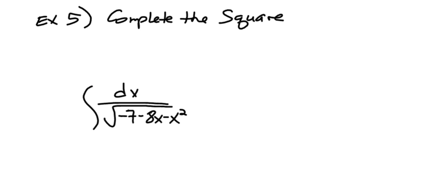Then I have one where we're going to have to complete the square. If we were given something like this that was not a perfect square trinomial, we would have to complete the square by getting this out of the way. But the problem is I don't have an equation.